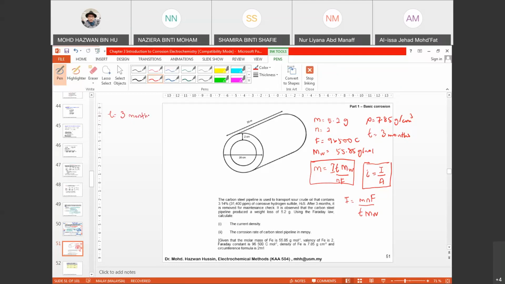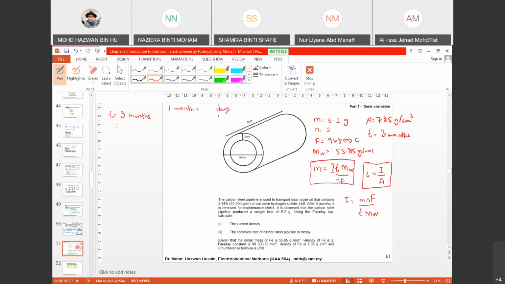Nazira, boleh ke? Okay. I just want to highlight that if you want to convert months, 1 month equal to how many days? 30 or 31. But which one do you choose?